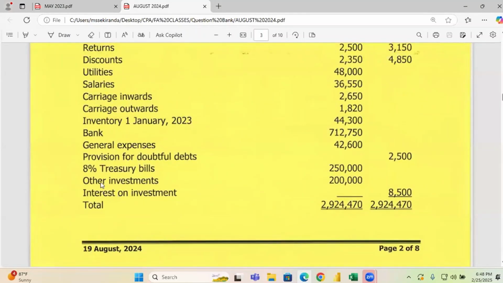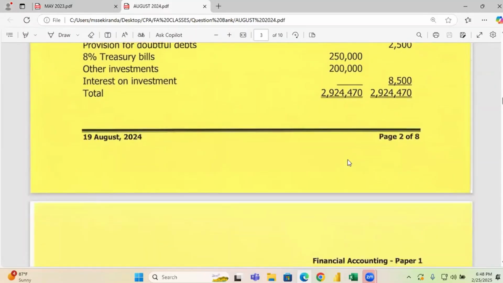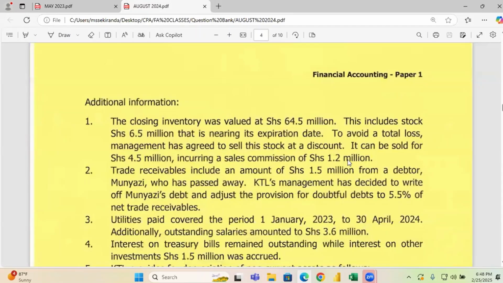The examiner is giving us a provision for doubtful debts in the trial balance, 2,500. I think you are seeing it here. And he's telling us in note number 2 that one of our debtors called Munyazi 1.5 died, passed away, and management decided to write off his debt. And also management decided to adjust the provision for doubtful debts to 5.5% of the net receivables. Now, it is not until you have computed the 5.5% of the net receivables that we can conclude that we have no other incomes.